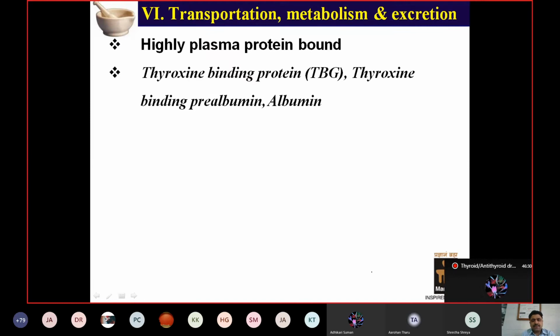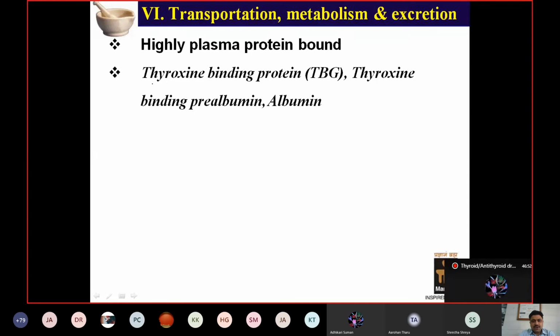This thyroid hormone has high plasma protein binding capacity. T3 and T4 form a bond with plasma protein.